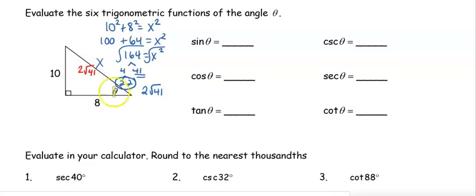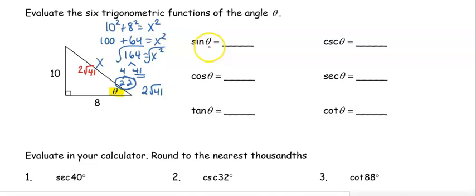When we look at our triangle, there is our theta. That is our reference angle. So when we're talking about opposite versus adjacent versus hypotenuse, the hypotenuse is always going to be there, but opposite versus adjacent is in respect to that angle position.